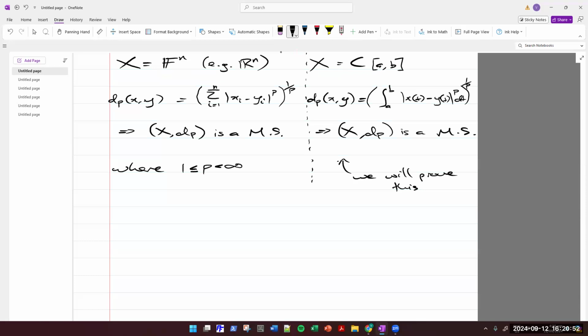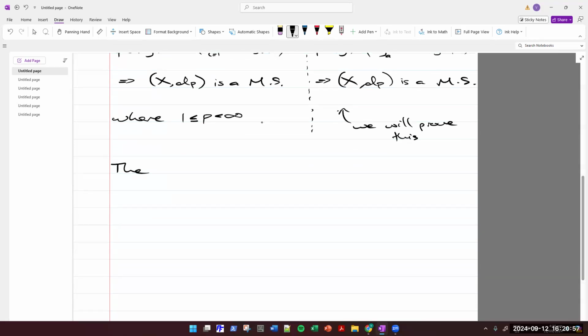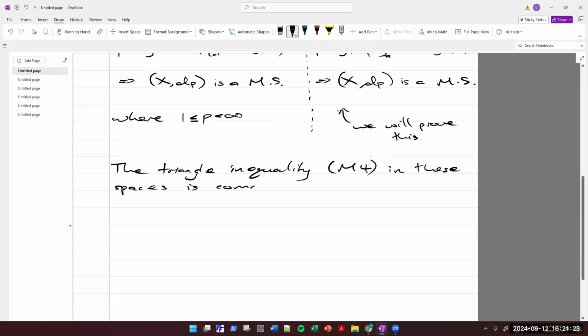So right here, the triangle inequality, which is M4, the fourth axiom for a metric, in these spaces is commonly called Minkowski inequality.